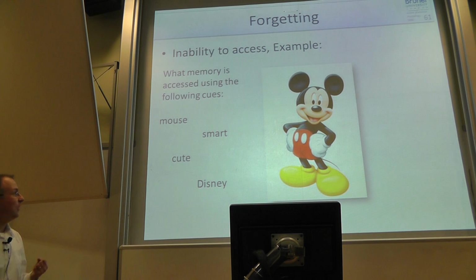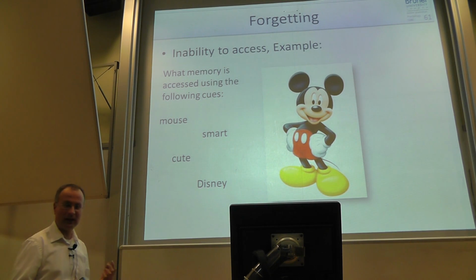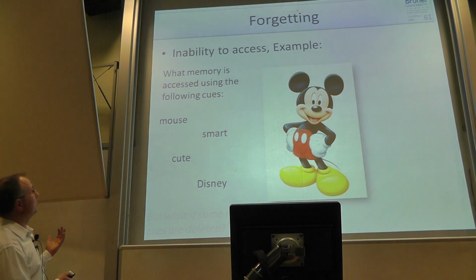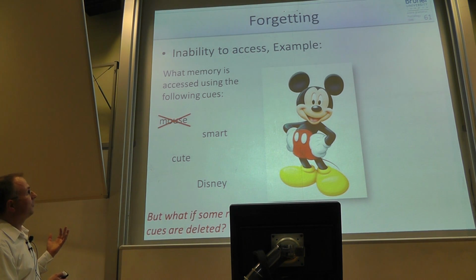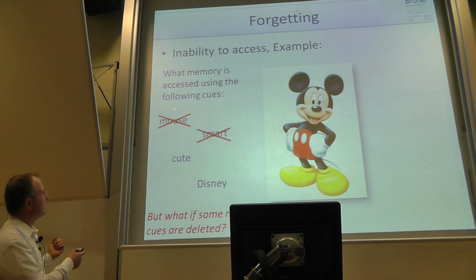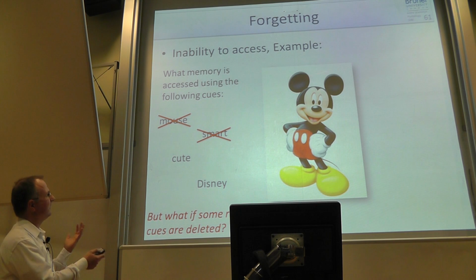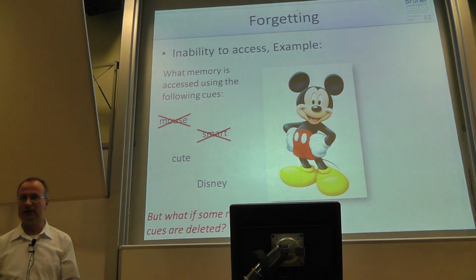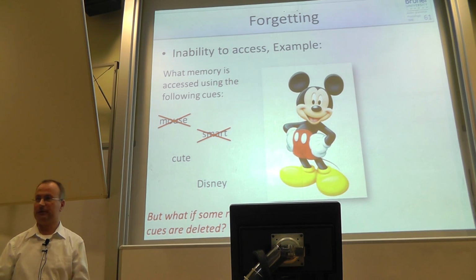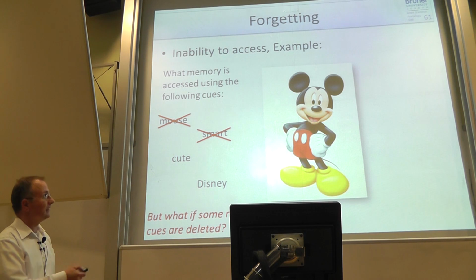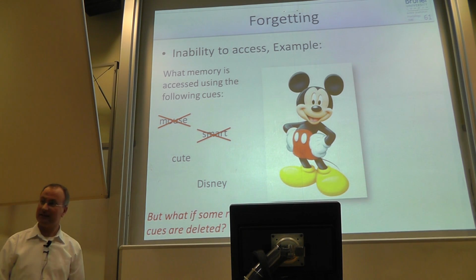Now suppose for some reason in your memory you lost the link between mouse and smart to Mickey Mouse. So when I say mouse and smart, it doesn't link there. All you can use as a retrieval cue is cute and Disney. And that is a wealth of different things you can remember here. So then suddenly you can't access it anymore.